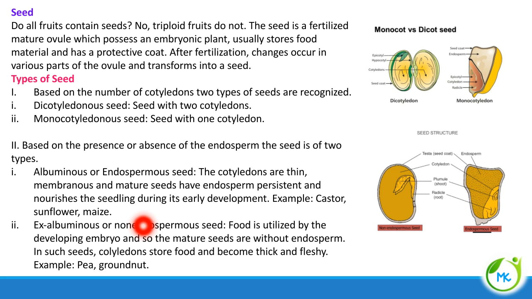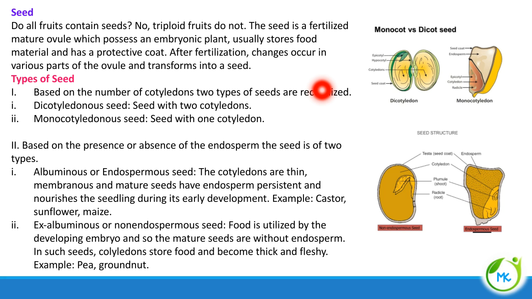So when the seed is mature, the seed will not have any endosperm. In such seeds, the cotyledons start to store food and become thick and fleshy. For the growth of the plant, the food stored in the cotyledon is utilized. Example, peas and groundnut.